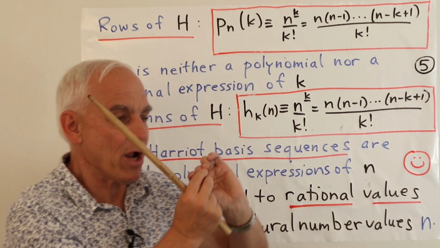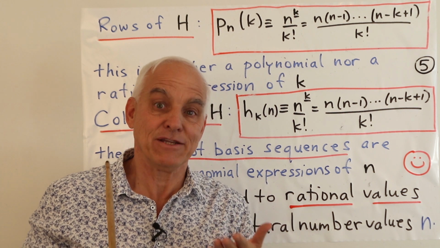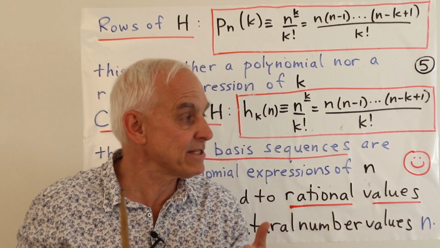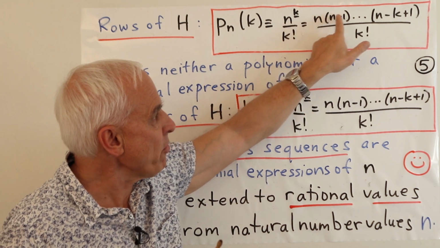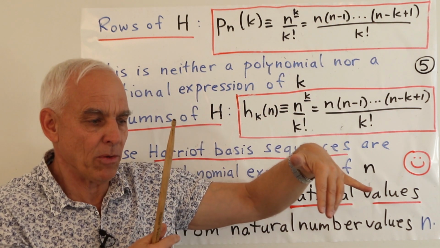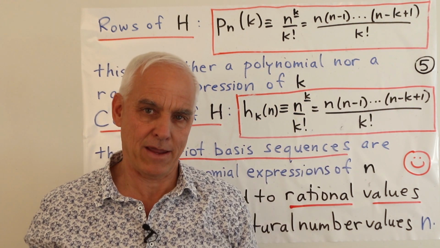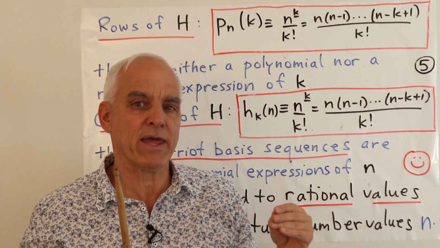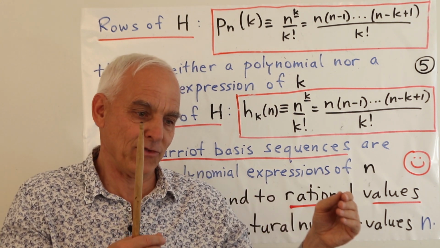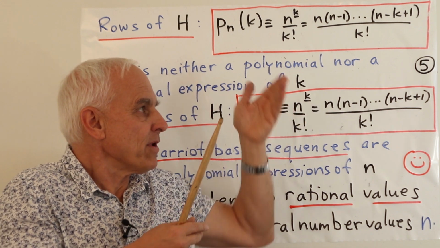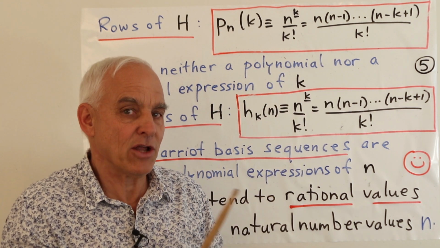The dependence on k as you go across the rows is difficult. Okay, it's a little bit subtle. There's a k factorial in the denominator, and the numerator here has k terms, and those terms themselves have some dependence on k. So it's a kind of complicated thing, and in particular, it's not easy to interpolate values. If you want to interpolate this for intermediate values of k, it's not so easy at all how to do that.